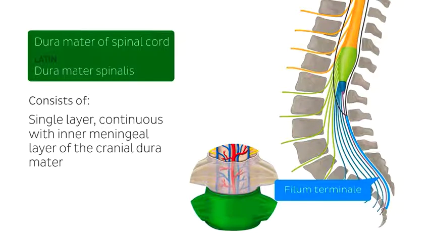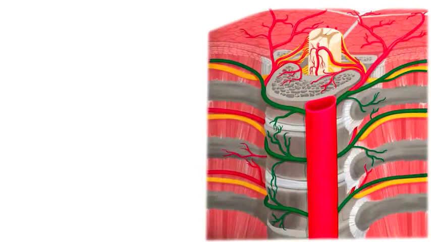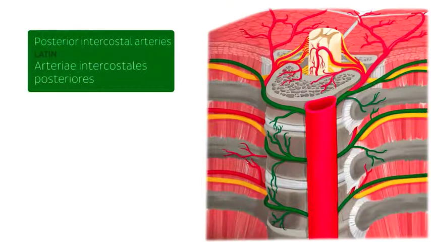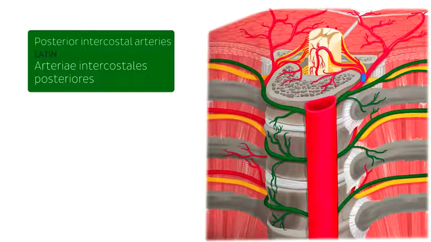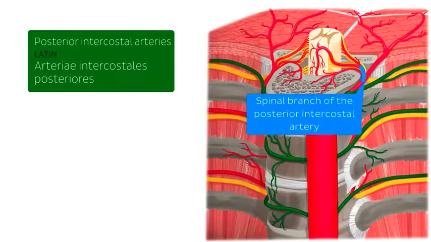Along its course, however, it is stabilized by the anterior and posterior roots of the spinal nerves. The dura mater of the spinal cord receives its blood supply mainly from the anterior and posterior radicular arteries, which arise from various larger arteries of the neck and back regions. For example, at this thoracic level, we can see here that the anterior and posterior radicular arteries arise from a spinal branch of certain posterior intercostal arteries.